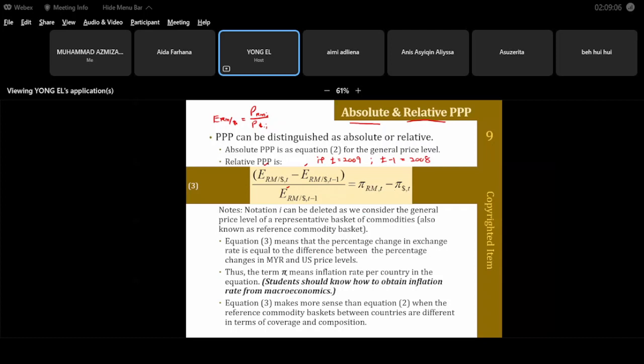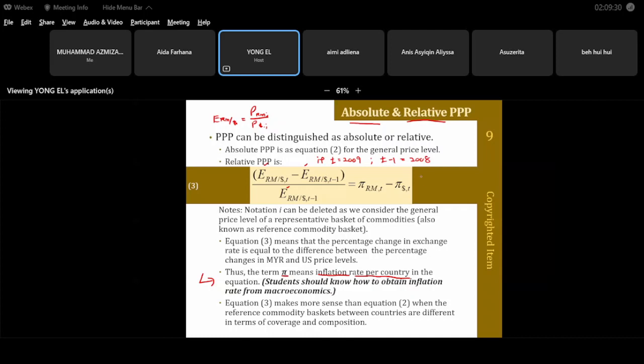The pi here means the inflation rate of each country in the equation. Inflation rate is calculated from CPI, the Consumer Price Index, which is also the general price level in the country.